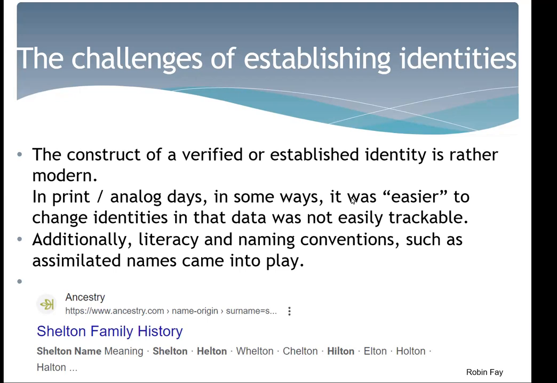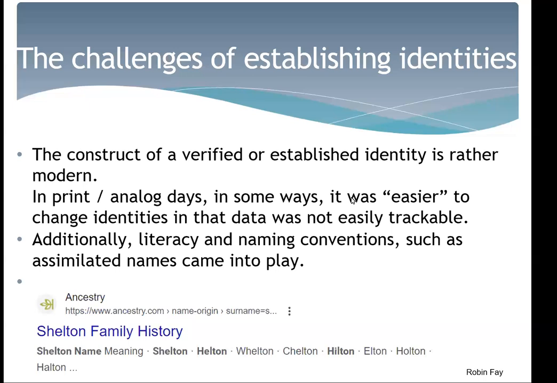And this idea of verifying or establishing or creating an identity, we've been doing it for a little while in libraries. Well, probably for more than a little while, but for a while in libraries. But it is a rather modern construct as a whole.